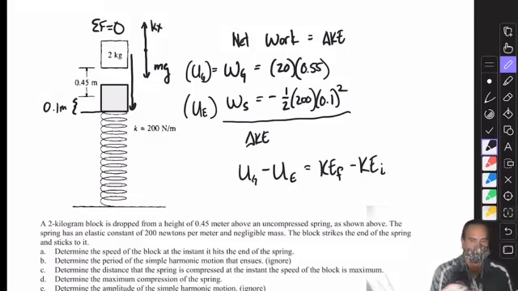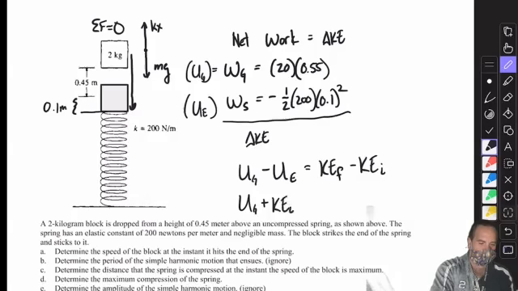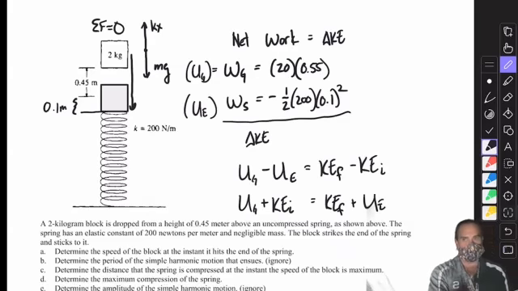If I move everything to the side of the equation where it is positive, I get gravitational potential energy and initial kinetic energy on the left side, and I get final kinetic energy and elastic potential energy on the right side.